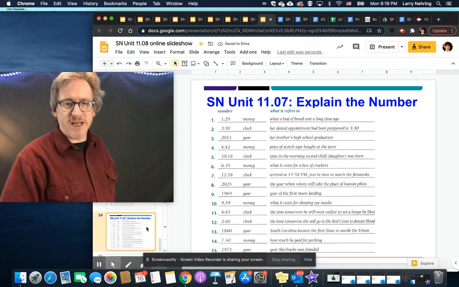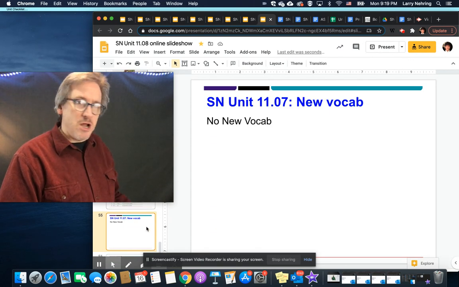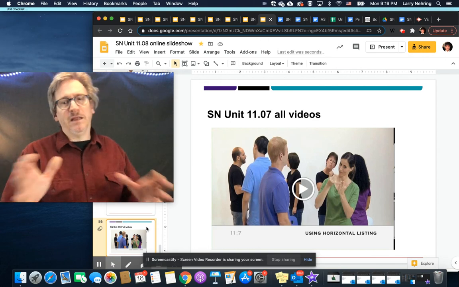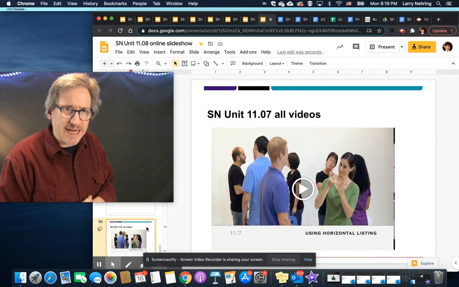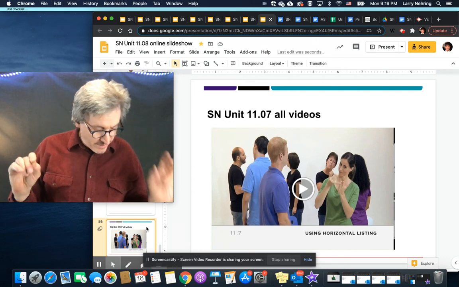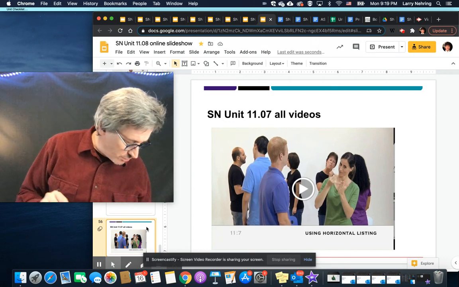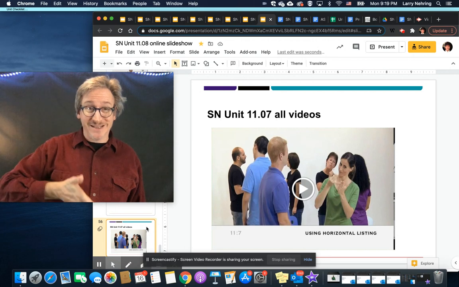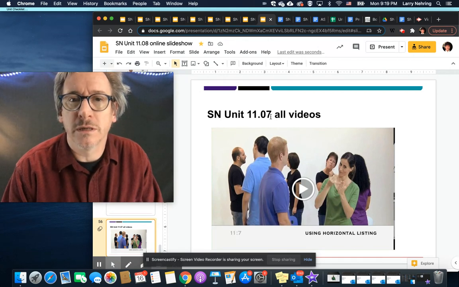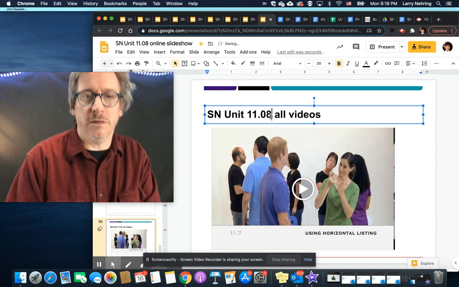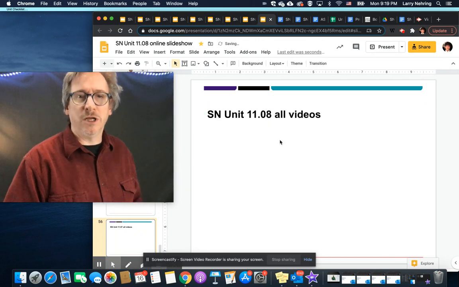Make sure you understand the videos you're watching first. Again, no new vocab. And then all the videos, it's the video we looked at. If I find anything else, I can place it in here. But again, this in the student book is a single page, one side. So that's all she wrote.